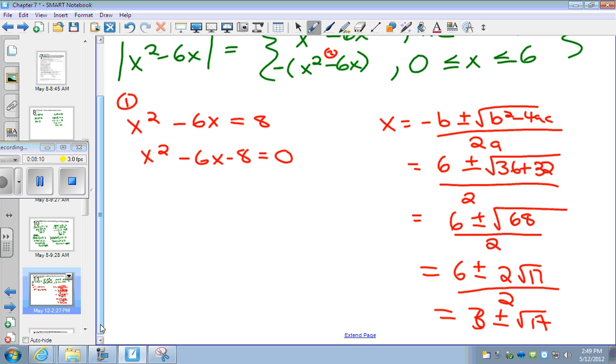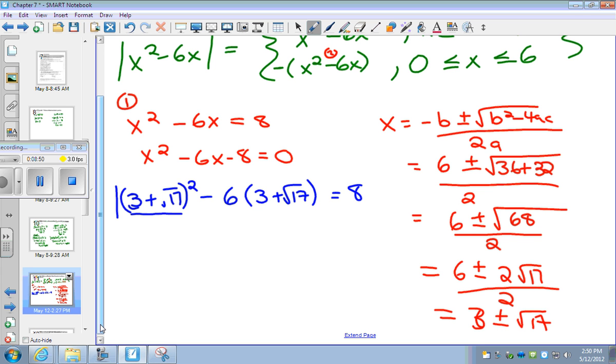Now what we really should do is verify this back in the original equation. Does the absolute value of 3 plus or minus the square root of 17, all squared, minus 6 times 3... let's just do the plus one first, actually. 3 plus root 17. Does that equal 8?